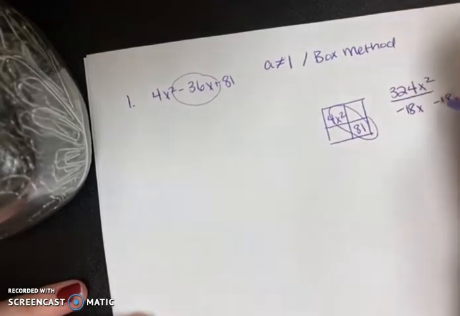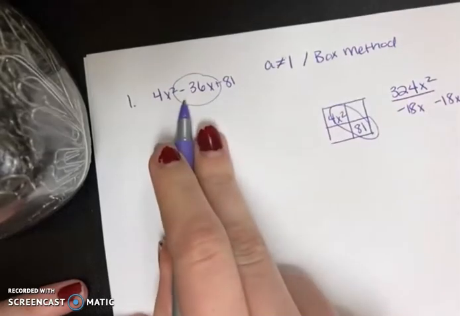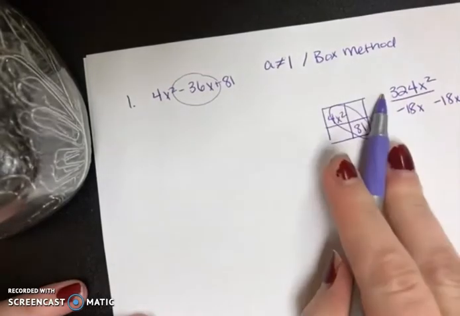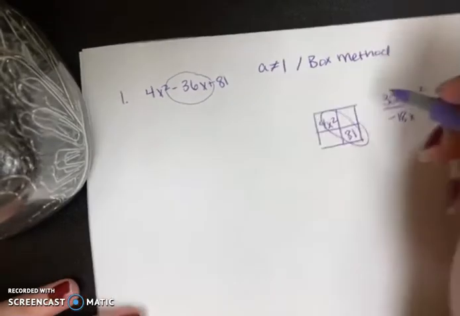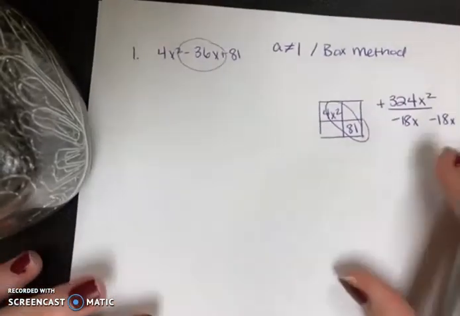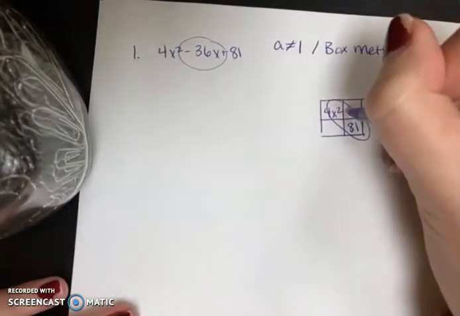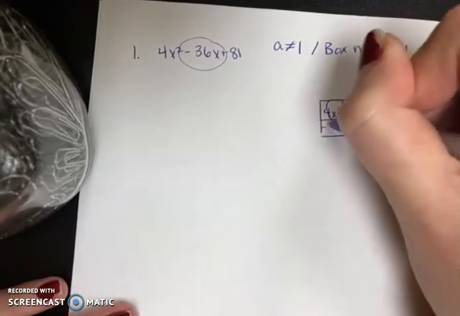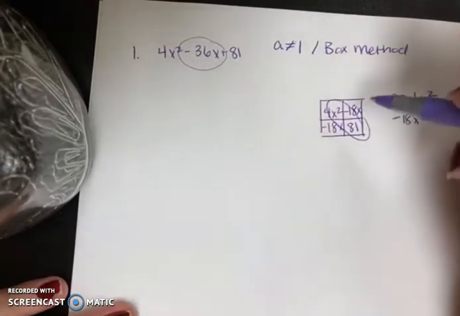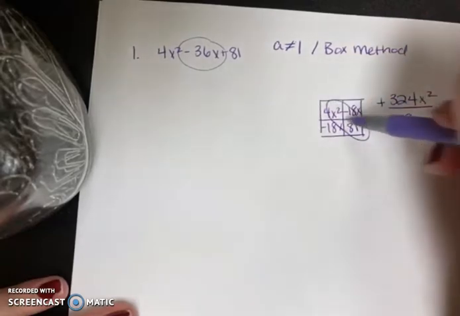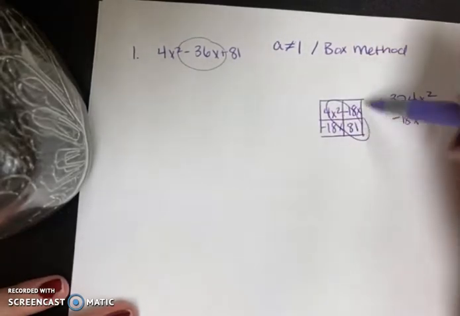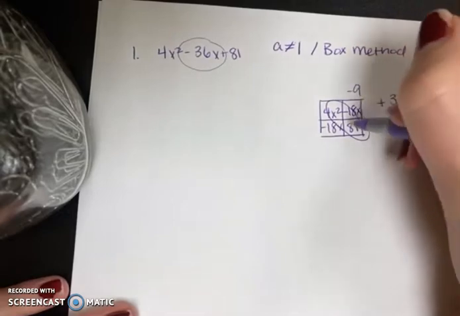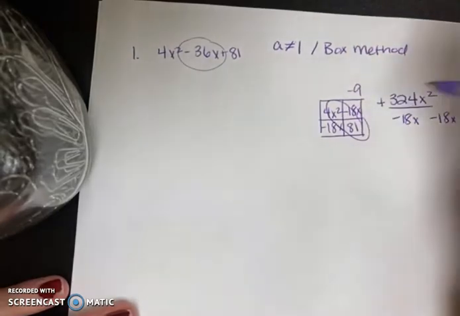They both must be negative because I want a negative 36, and I know that I have to use same sign since this was a positive value. I'd put my negative 18x here, negative 18x here. Then you would pull out the GCF for each pair, so each vertical pair and each horizontal pair. Starting here, the GCF would be a negative 9 because there's a negative outermost box.